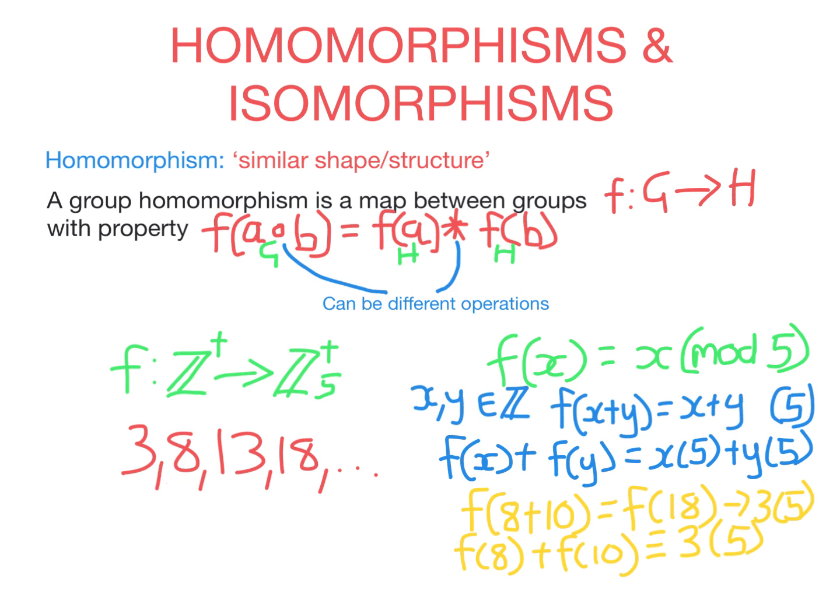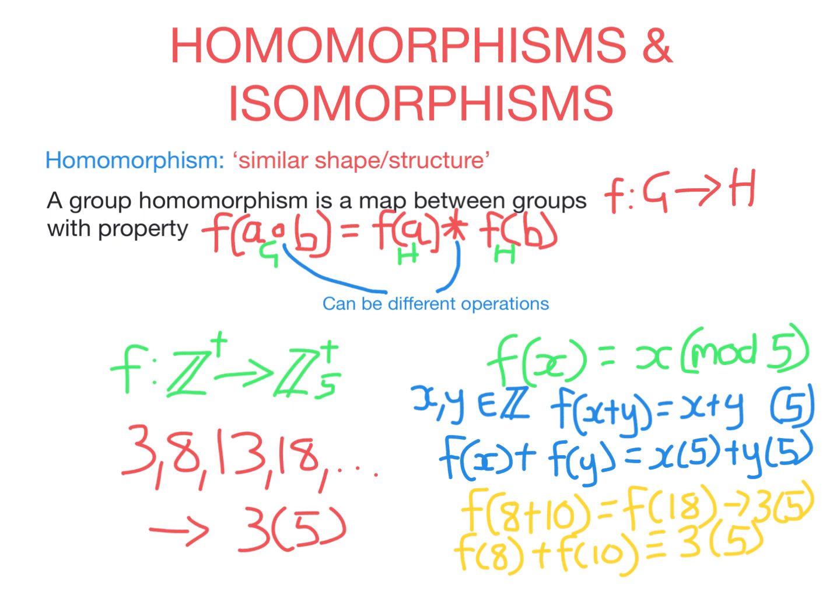They're all equivalent to 3 mod 5, and that is preserved by this map. It really maps all of these elements that do exactly the same thing to one element. In this case, all of these would be mapped to 3 mod 5. It really maps all of the ones that do the same thing to the same element in the second group.